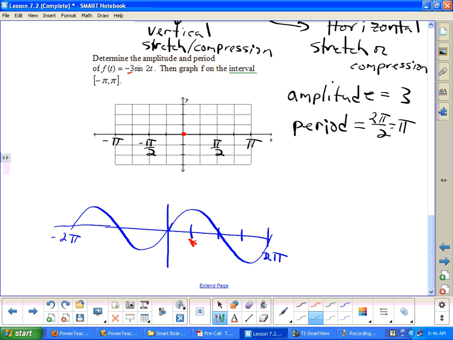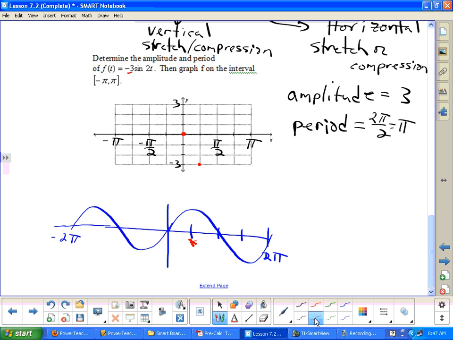At pi over 4 it's going to be at negative 3. Does it matter which increment I use here? No. I go by ones, totally up to you. So this is negative 3 here, and this is positive 3 up here.